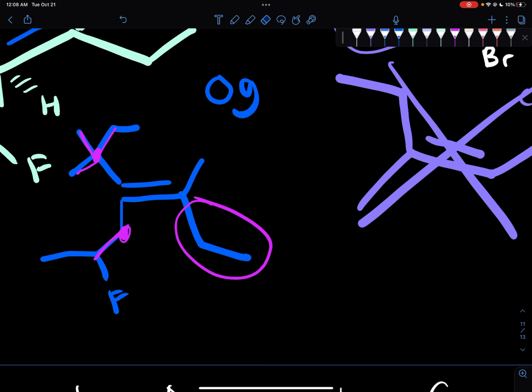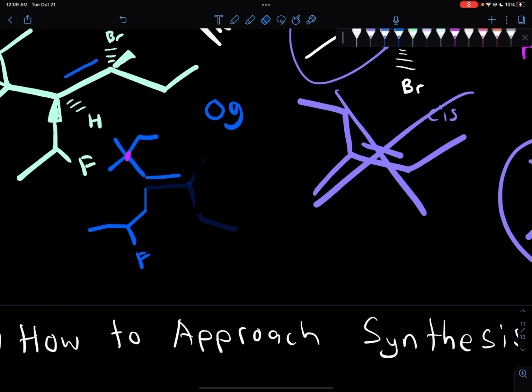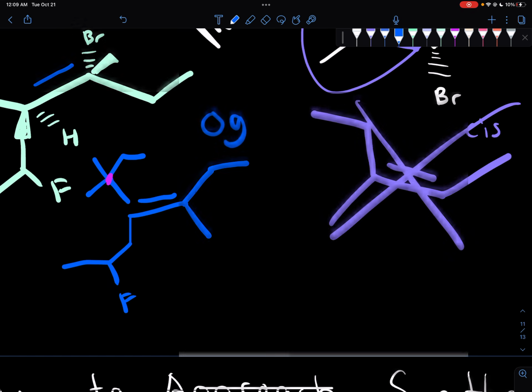So actually, it's going to be trans, because this is the higher priority. So all you have to do is know it was trans, and make it cis. What you can do is rotate this, putting the ethyl up here and the methyl down there.